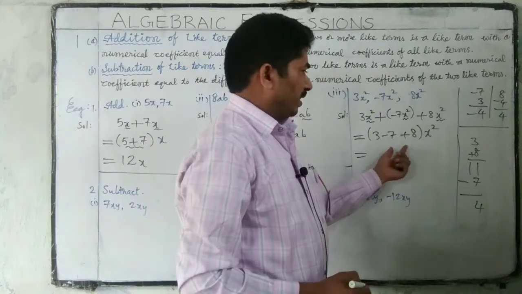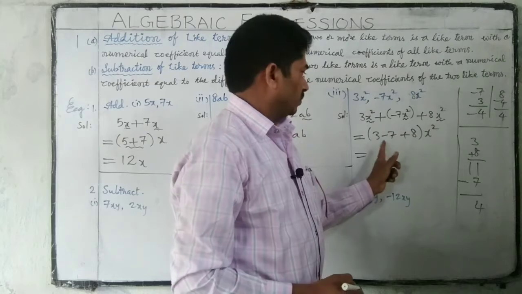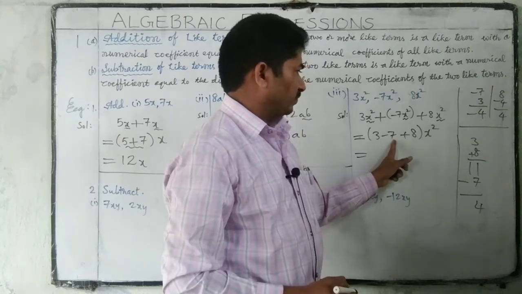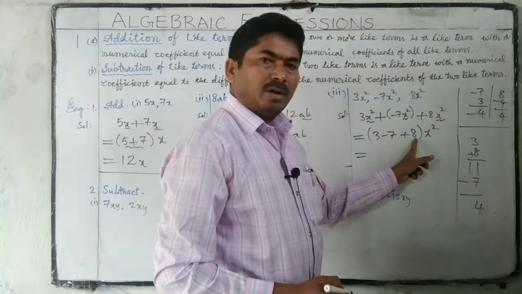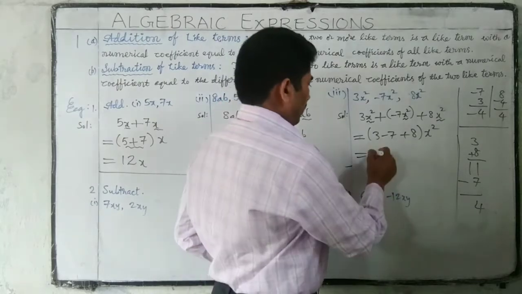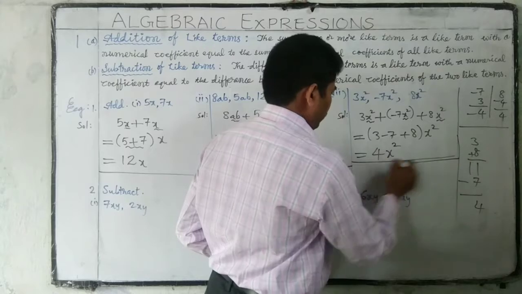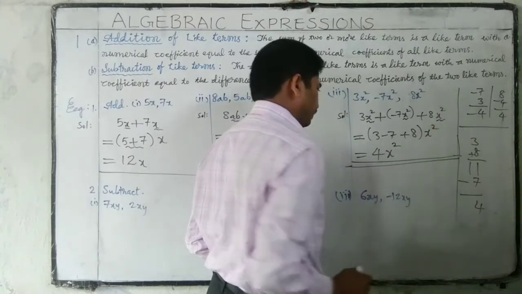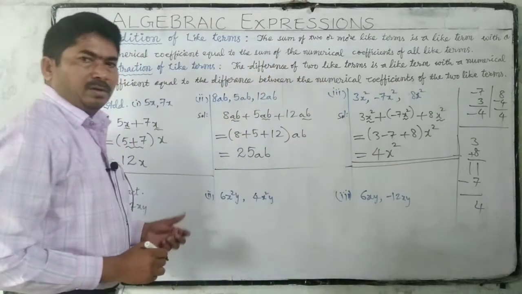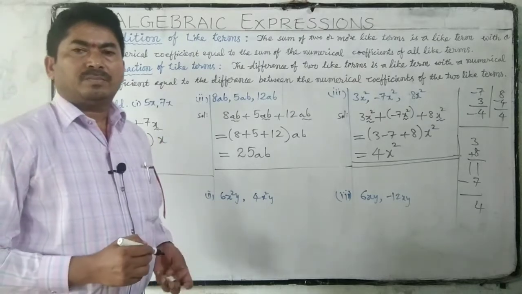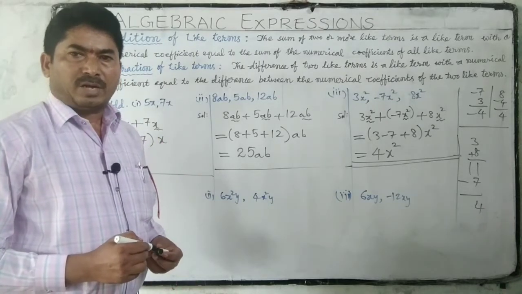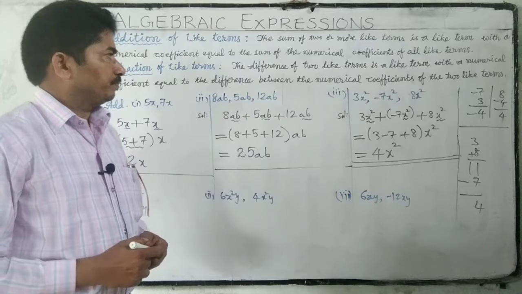We can add this orally. So the answer is 4x square. This is the method of adding like terms.